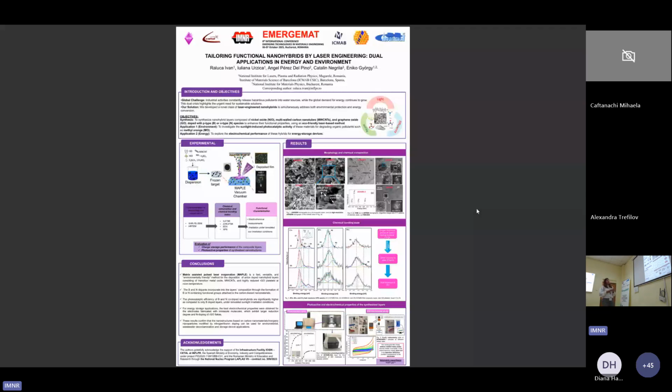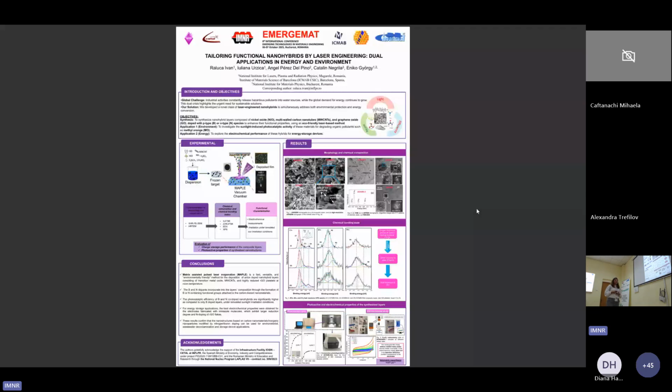So we try to use commercial materials like graphene oxide, nanoparticles, carbon nanotubes, and also nitrogen and boron compounds.